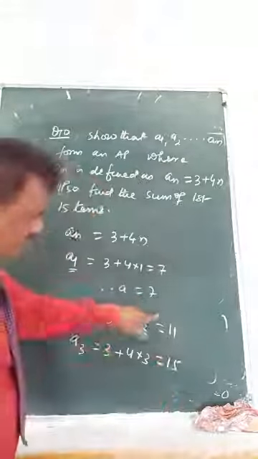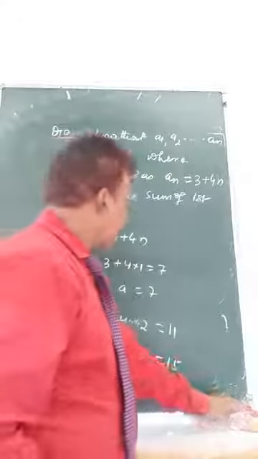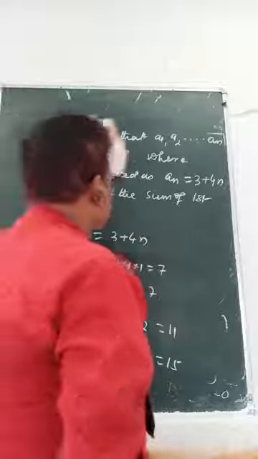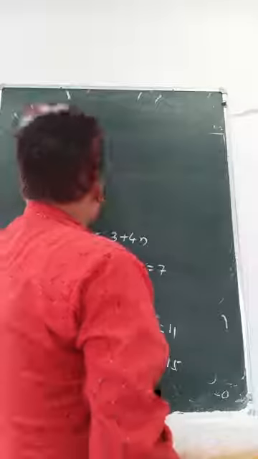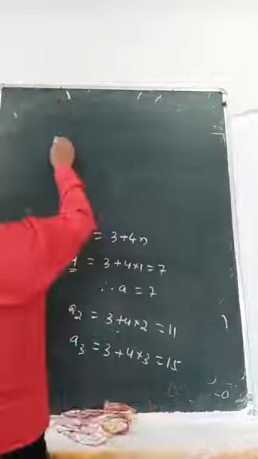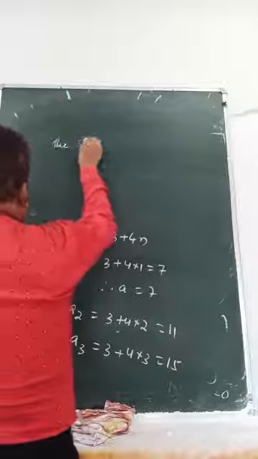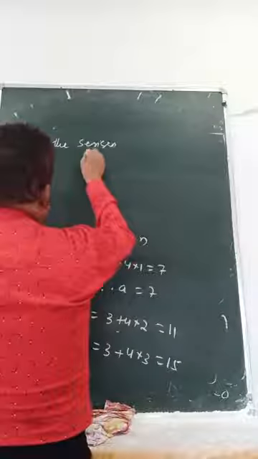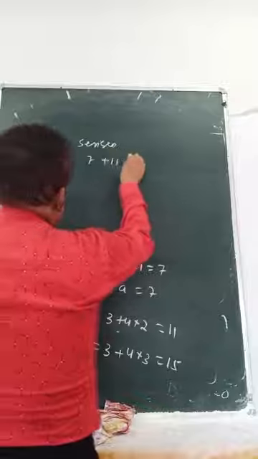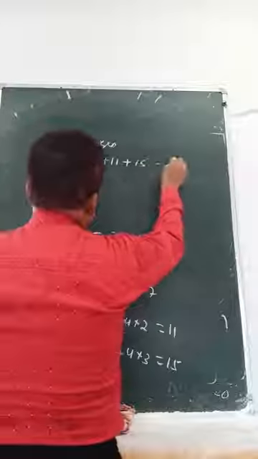Now look at this sequence, whether the terms are in AP or not. So the series is 7 plus 11 plus 15 like this.